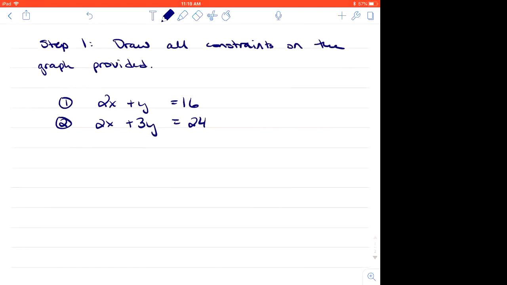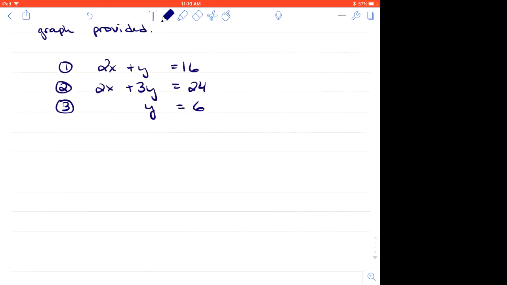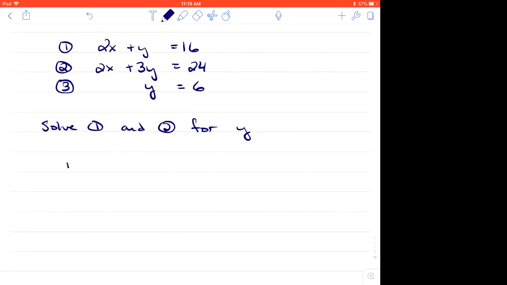Now we can say that equation 3 is just y equals 6. We haven't done anything yet, but now I'm going to solve 1 and 2 for y, putting it into y equals mx plus b form. So equation 1 is going to become y equals 16 minus 2x.